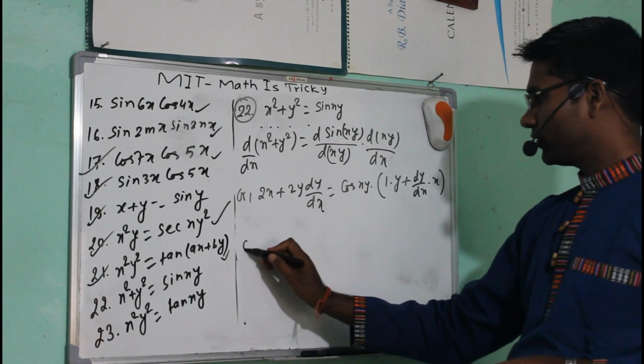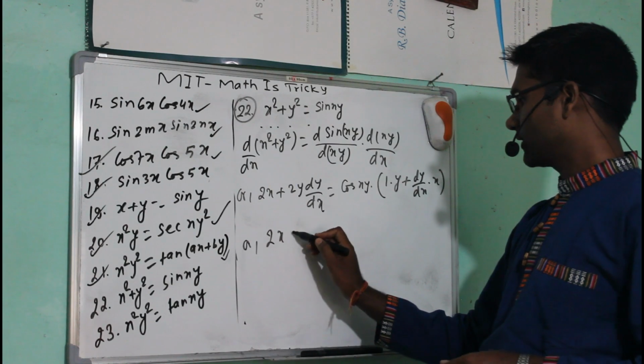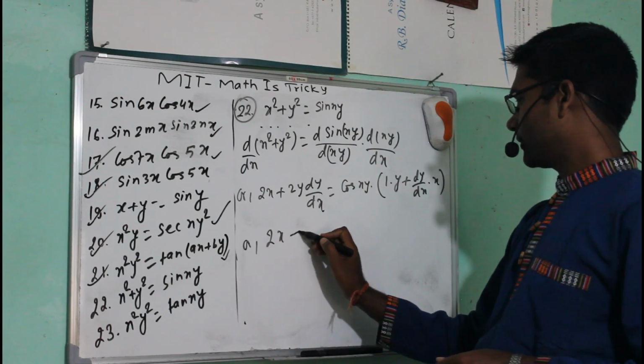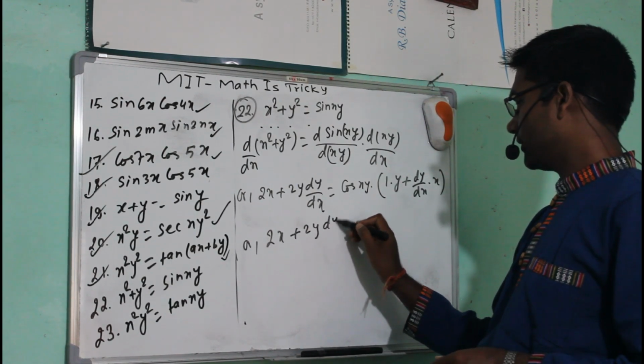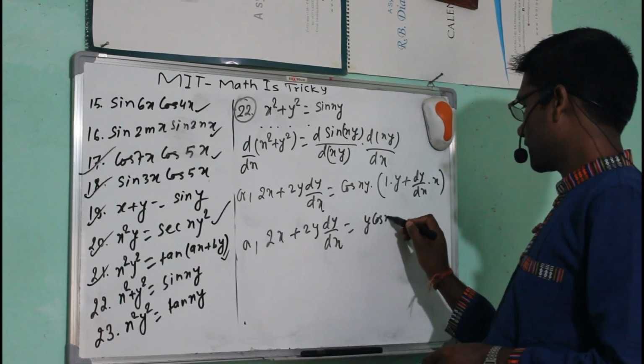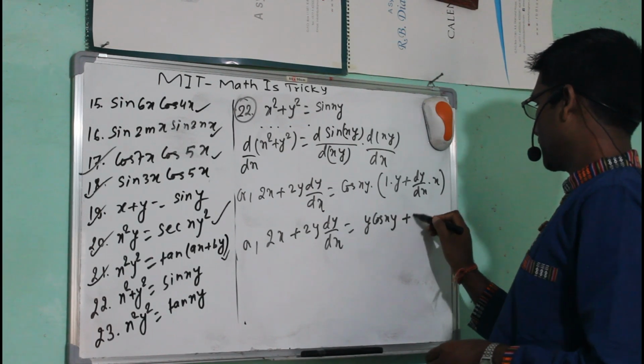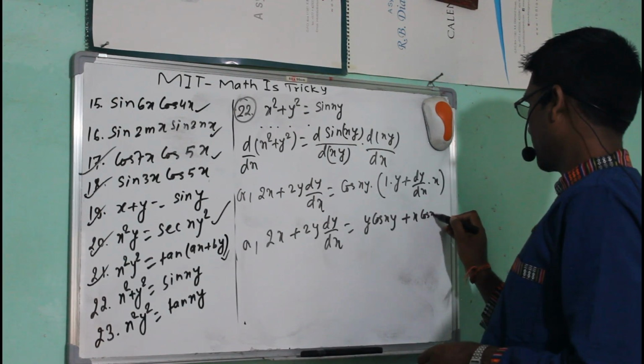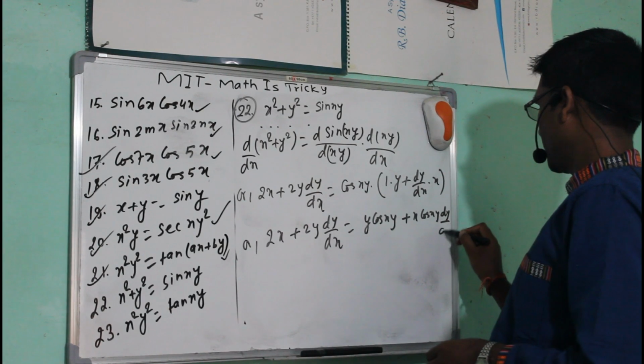So we get 2x + 2y dy/dx equals y cos(xy) + x cos(xy) dy/dx.